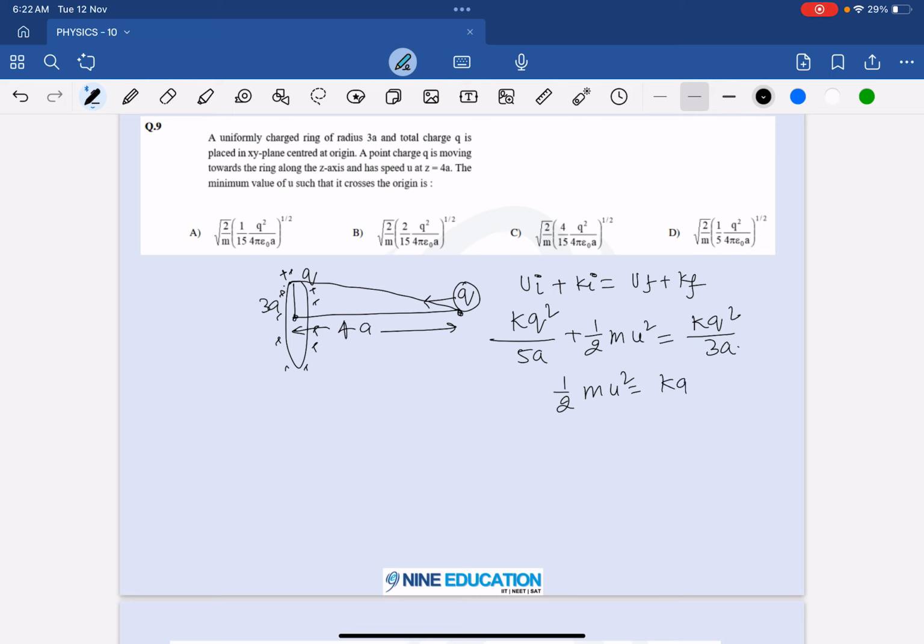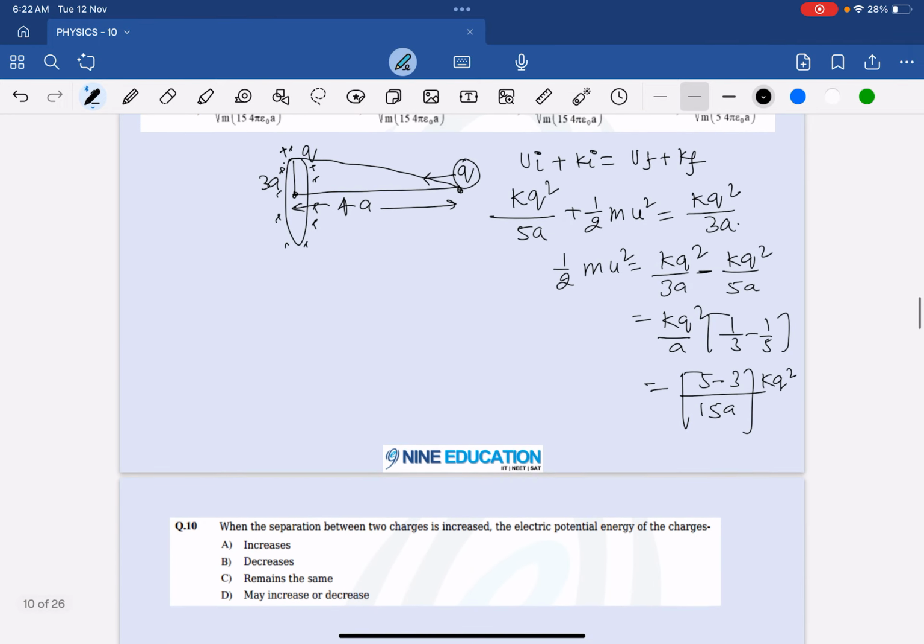This is going to become kq square by 3a minus kq square by 5a. Sir, we can take common kq square by a. It is going to become 1 by 3 minus 1 by 5. Sir, this is going to become 15a, this is 3 5s minus 5 3s. So this is going to become multiplied by kq square by, that's it, right?